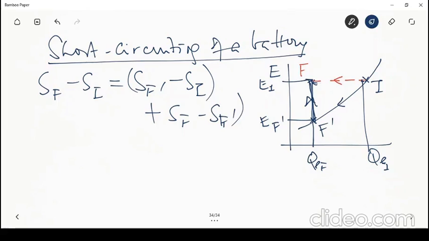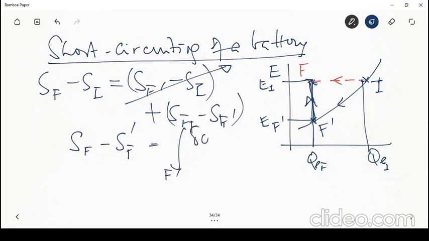Okay, so this is the two processes, and now we know that F prime and I have the same entropy, and therefore this will be 0, and SF minus SF prime can be evaluated for a reversible heat addition process as SF minus SF prime is equal to integral from F prime to F of delta Q by T.